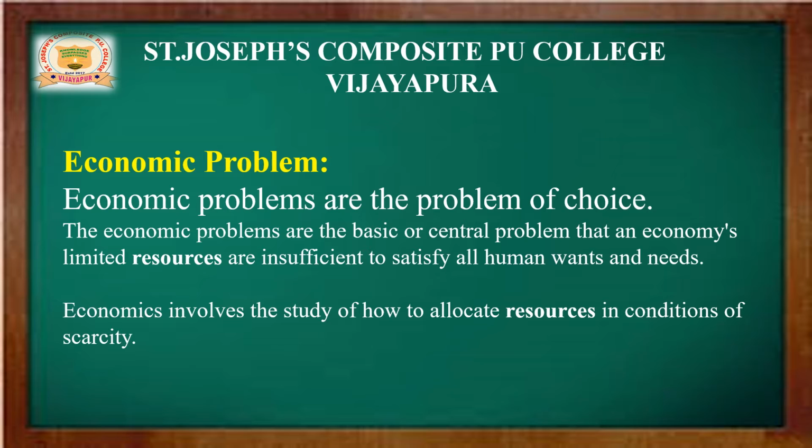Only because of unlimited wants as well as limited resources, and due to this scarcity arises. In this way the economic problem arises. And what are economic problems? Problems of choice. So these are the economic problems. This is the basic condition of the economic problem.